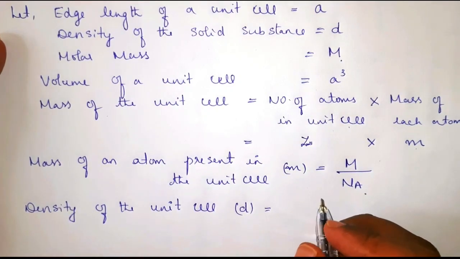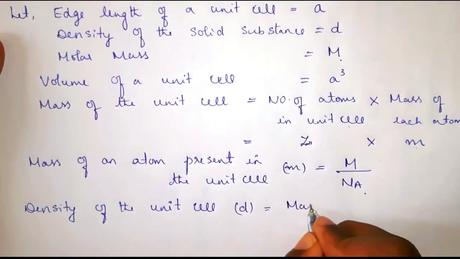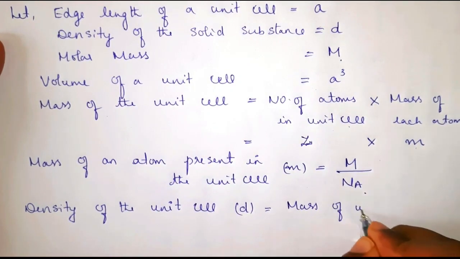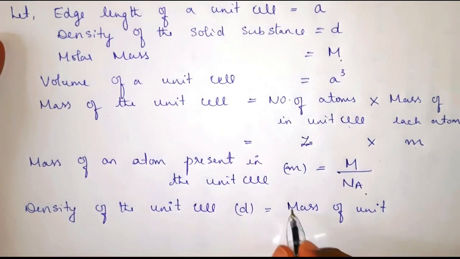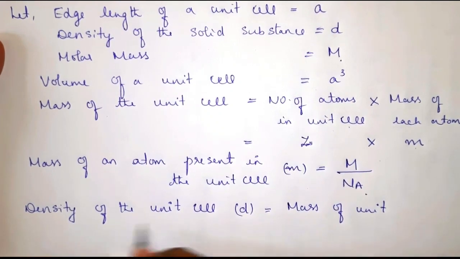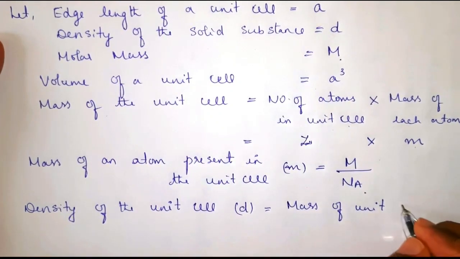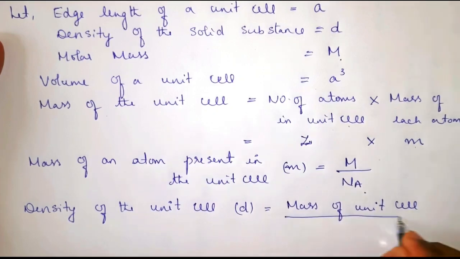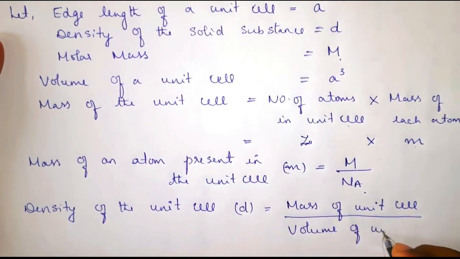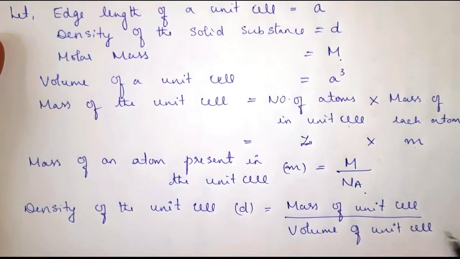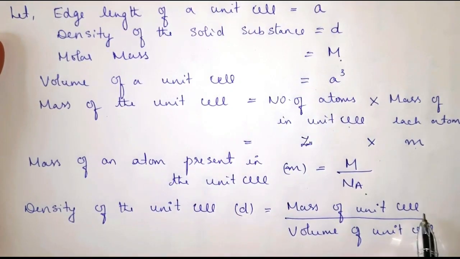Density is equal to mass by volume, isn't it? So the density of the unit cell will be equal to the mass of the unit cell by the volume of the unit cell.